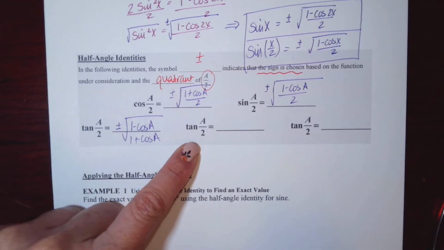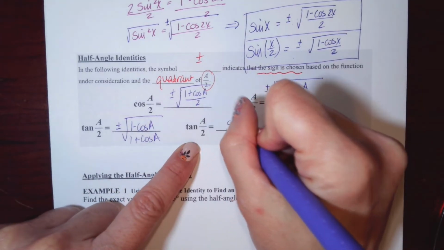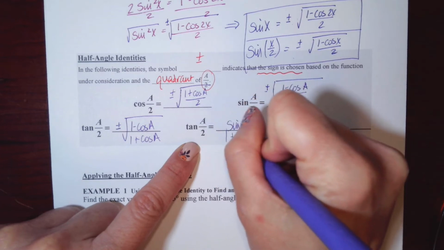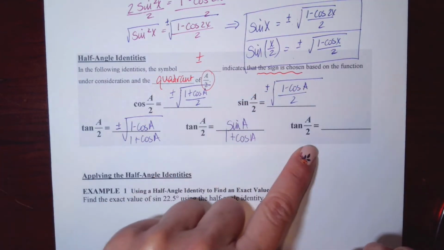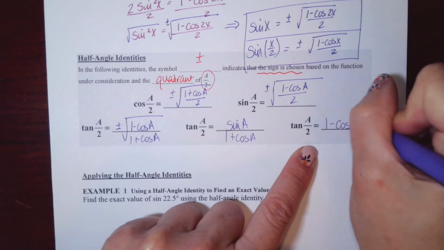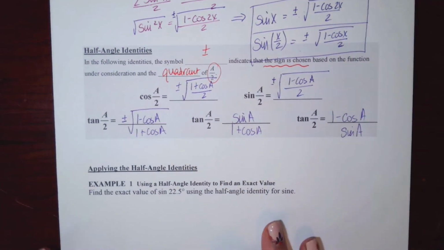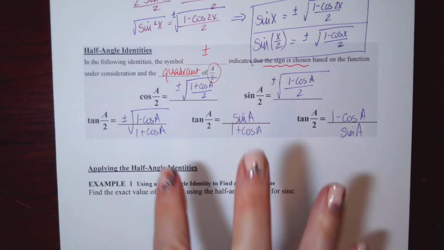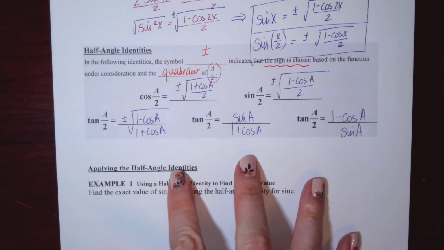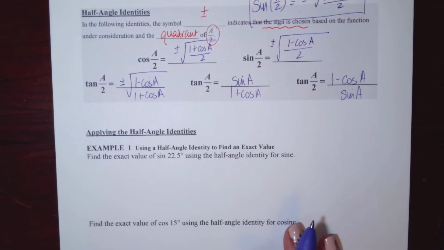Another way of thinking of tangent of the half angle is sine a over 1 plus cosine a, or 1 minus cosine a over sine a. We're not going to take the time to derive those. If you're interested, you can look them up in our book, or you can find them online.